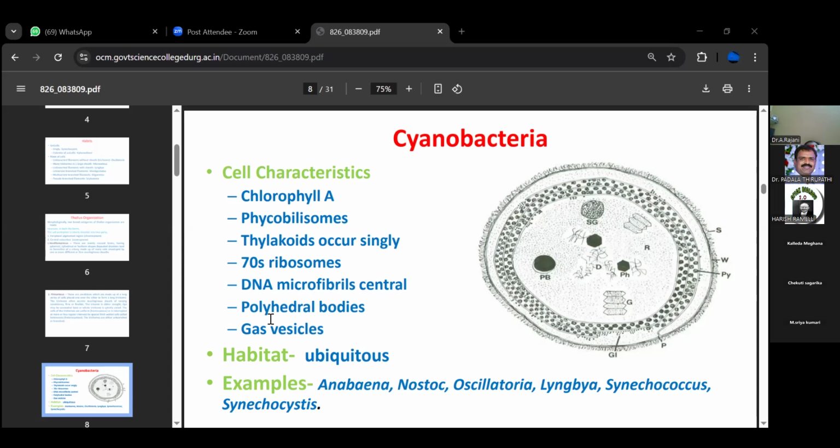All cyanobacteria characters are the same except Gloeobacter. What characters are there? Internal system, thylakoid membranes.